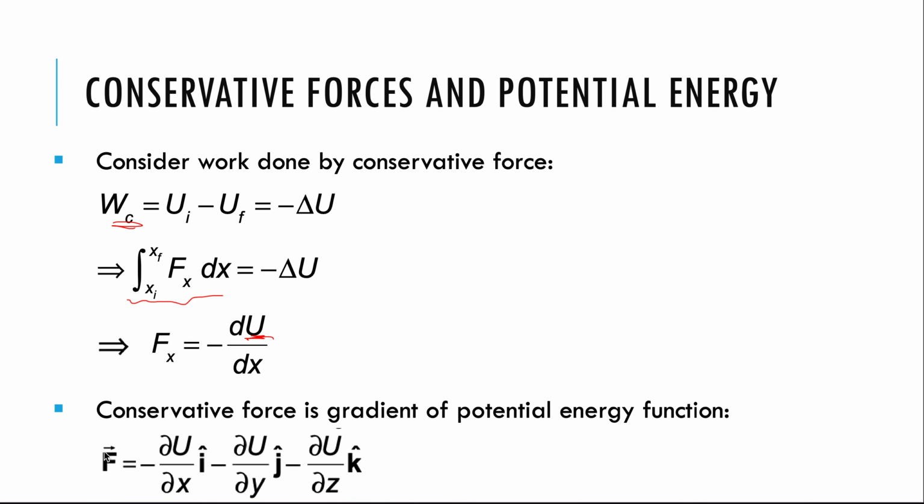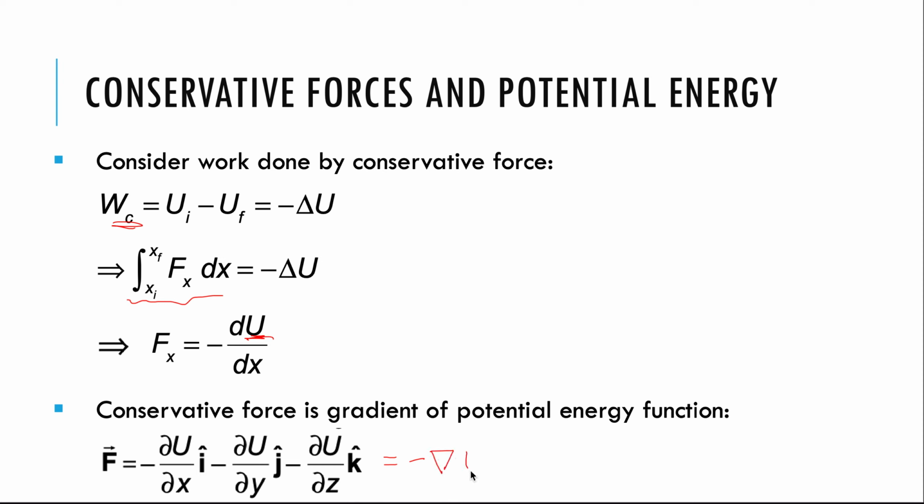The general form of this is that the conservative force is the gradient of the potential energy function. These are partial derivatives in the x, y, and z directions. The gradient, which you'll also see in Physics 2 if you get to that class, we call the gradient operator.